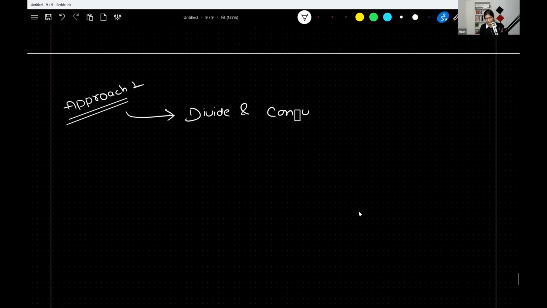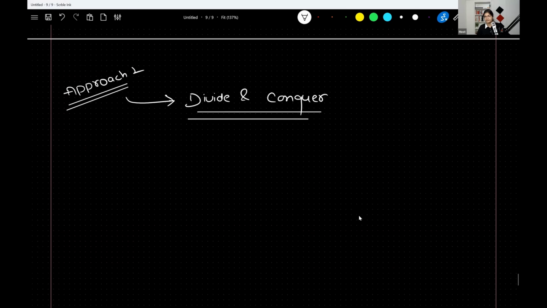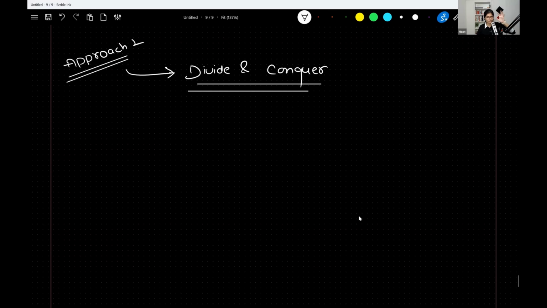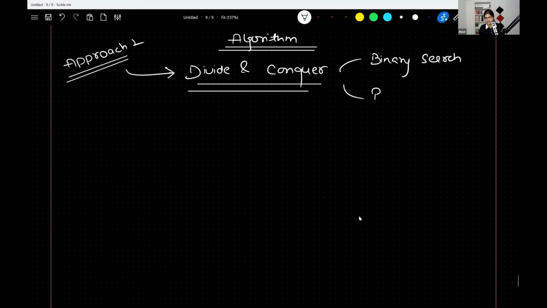This power finding is an application of the divide and conquer approach. Today we'll discuss a demonstration of this example, and you will get a brief idea of this algorithm strategy, which is very famous. Even binary search that we have discussed is part of this strategy. And today we are discussing power of 2; power of any number is also an application of this strategy.